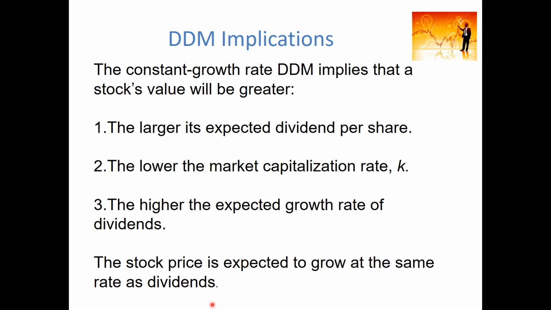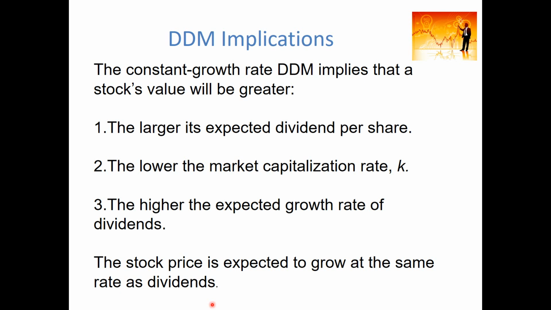The stock price is actually expected to grow at the same rate as dividends. So these assumptions are important. In this particular case, we are implicitly assuming that the dividends are the expected future cash flows of the firm. So any growth in the dividends represents a growth in those expected future cash flows.